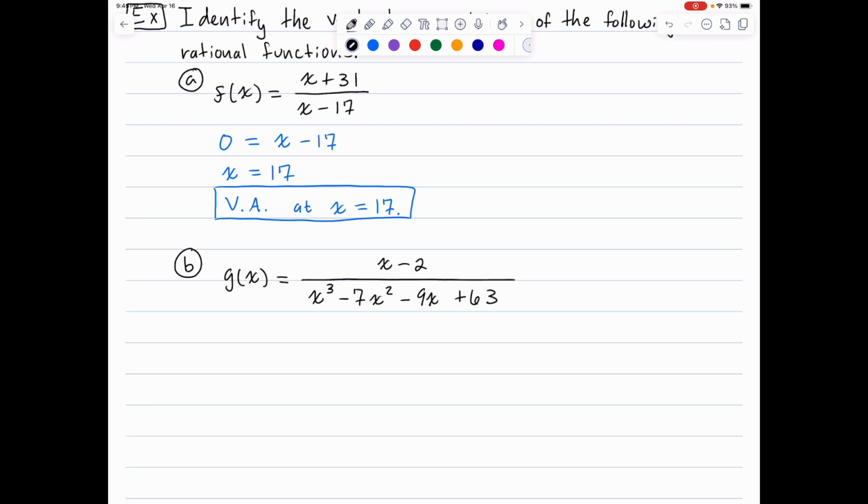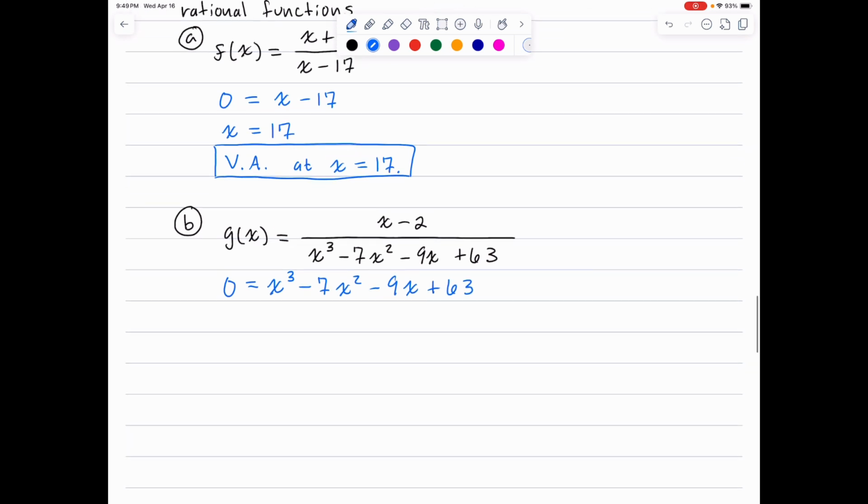All right, so just like before, we just want to set our denominator equal to 0. So I'm going to say 0 equals x to the third minus 7x squared minus 9x plus 63.